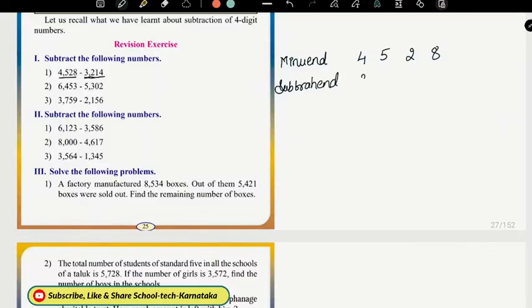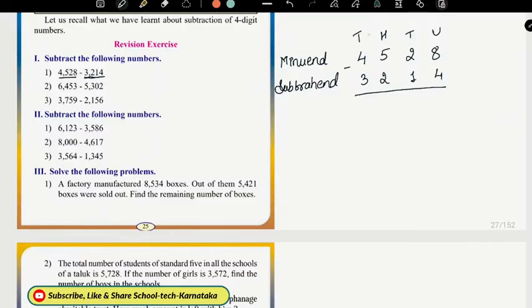So we need to subtract these both numbers, unit, tens, hundreds and thousands place.